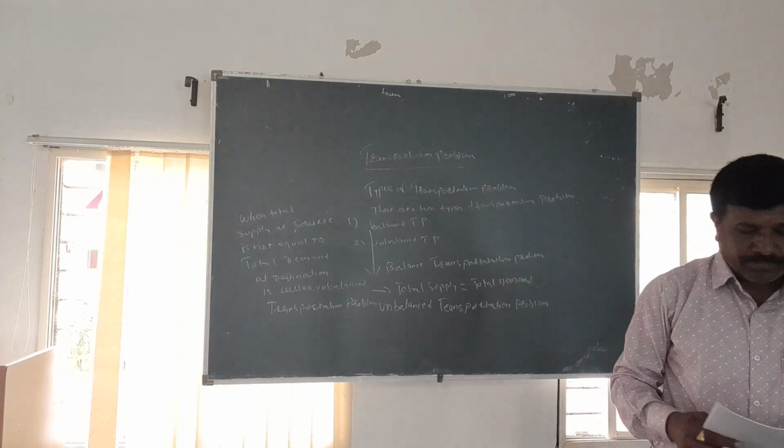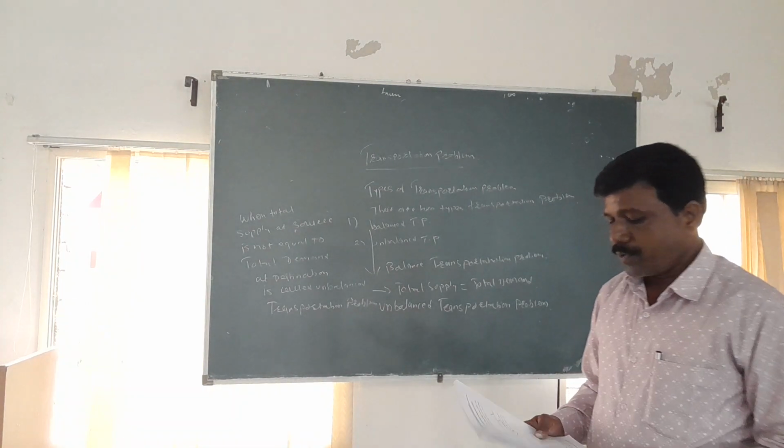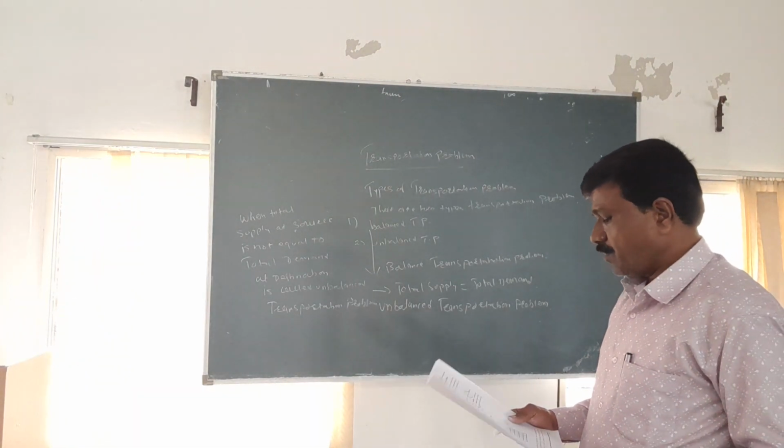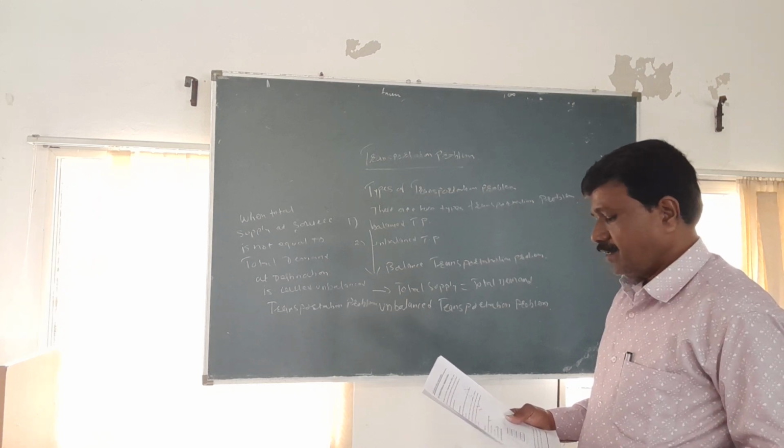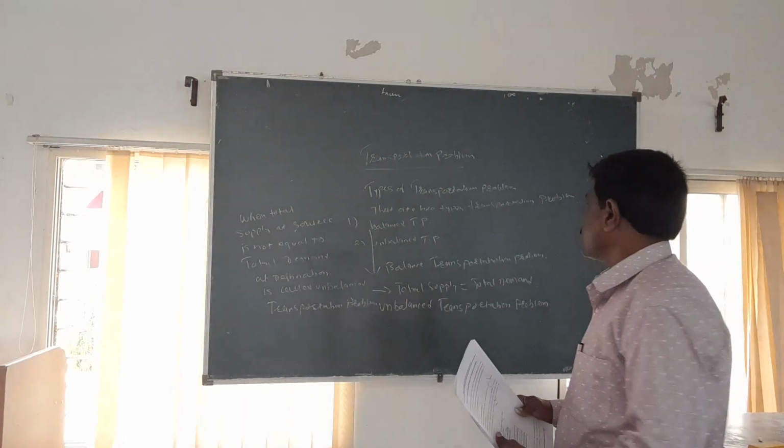And in this type of problem, either a dummy row or dummy column is added according to the requirement to make it a balanced transportation problem.